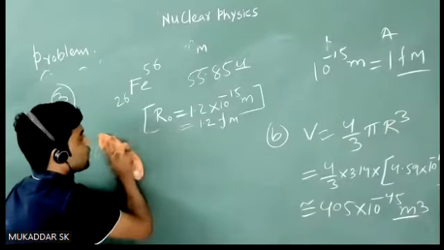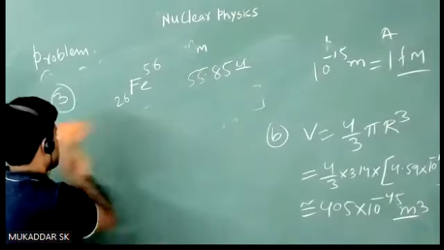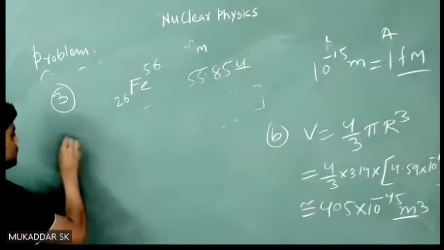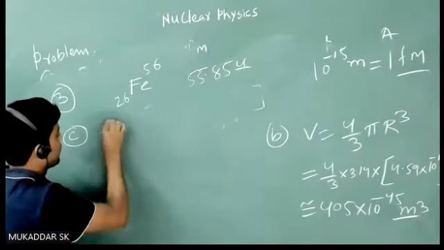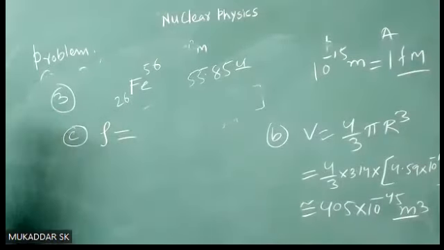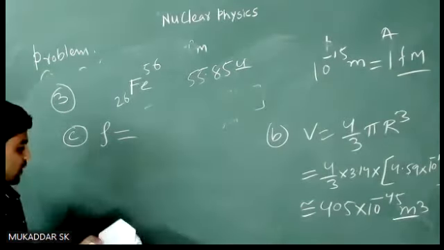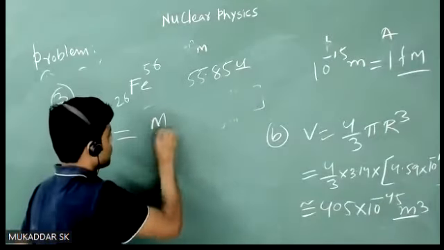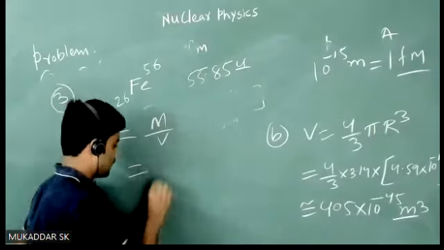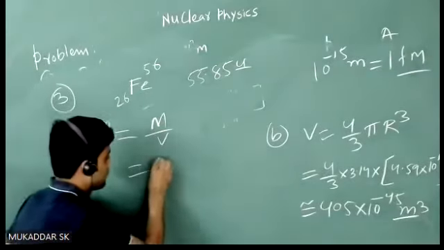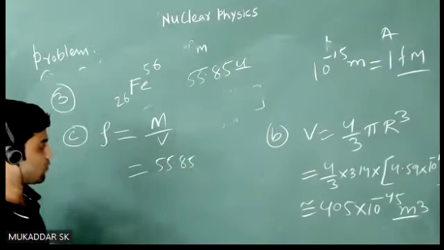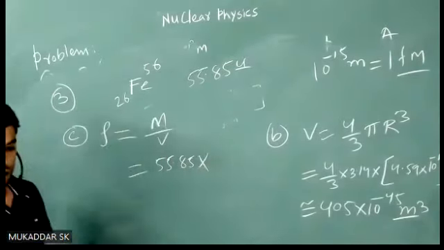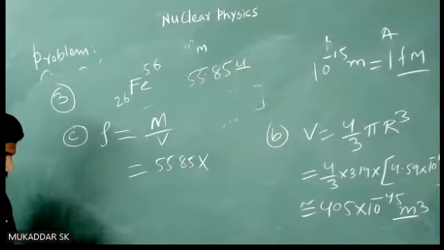So how will we do that C part? Mass by what? Okay, C part means mass density. Let us write that symbol rho. Rho is mass density, so total mass divided by volume, and total mass is already given. Total mass is how much? 55.85. Very good. So rho equals m by v, and m is given as 55.85 in atomic mass units. So I'll convert it into kg. How will we convert it?